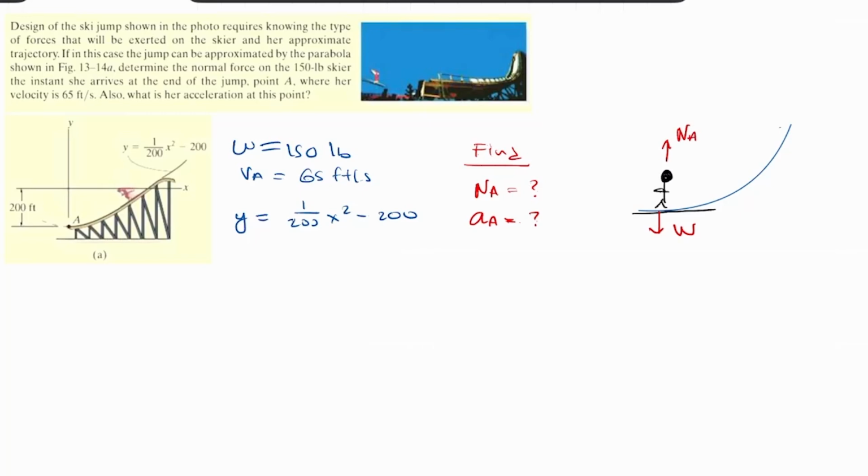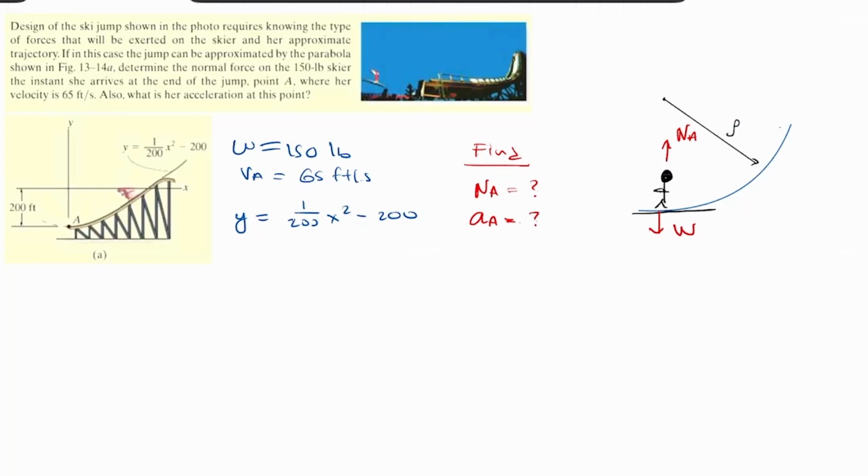Okay, so we have to define our coordinates. Notice, since we know this is a curved trajectory, we are given the path of the parabola. We know then the radius of curvature that it has, a radius of curvature over here of rho.